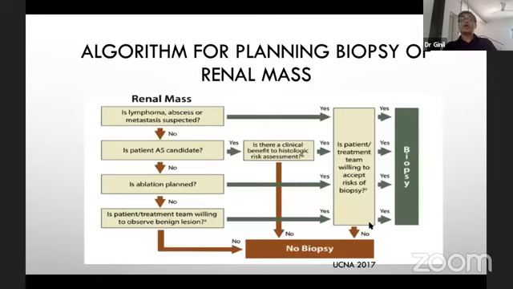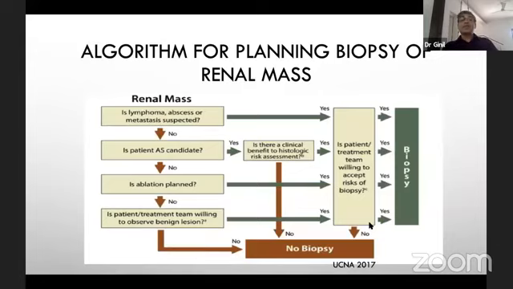The guideline or algorithm for planning a biopsy is, if you are suspecting lymphoma, or if a patient is a candidate for active surveillance, or if ablation is planned, or if the patient is willing to observe a benign lesion, which is the probable diagnosis in biopsy, then we can go for a biopsy.